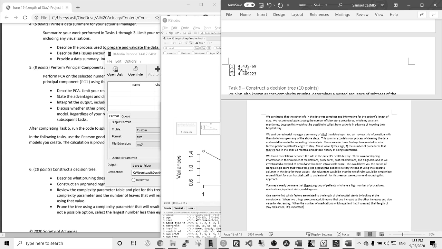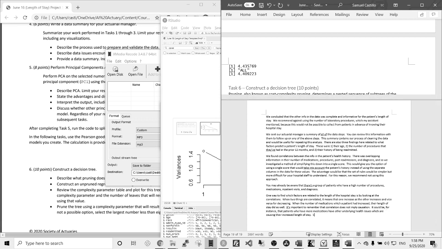It's important to remember that correlation does not imply causation. It could be, for instance, that patients who have more medications have other health issues which are causing their increased length of stay.